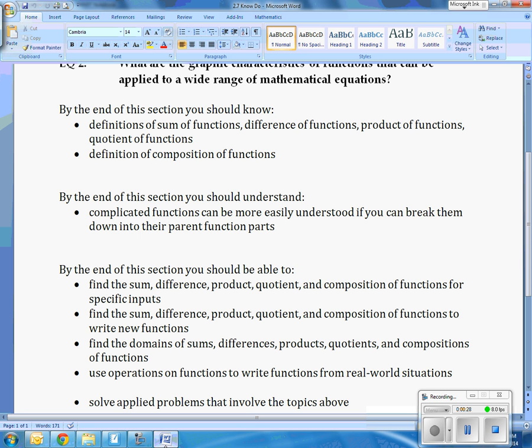If you're looking at your list of things to know and list of things to do, today's video is going to cover these definitions of sum, difference, product, quotient. It's going to cover finding those for specific inputs. That means an actual value for x.